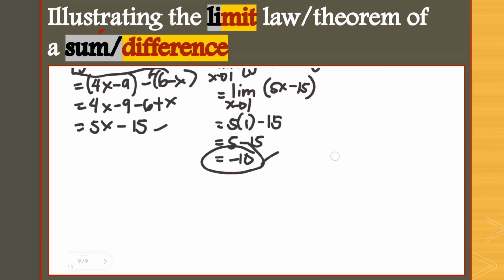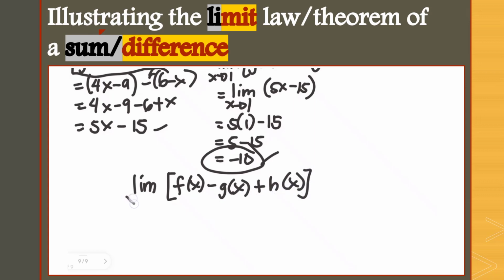So what if I have here last form, the limit, because this theorem could also be extended into more than 2. So we have here f of x minus g of x plus h of x, as x approaches to 1. We don't need to give the exact expression equivalent to this.